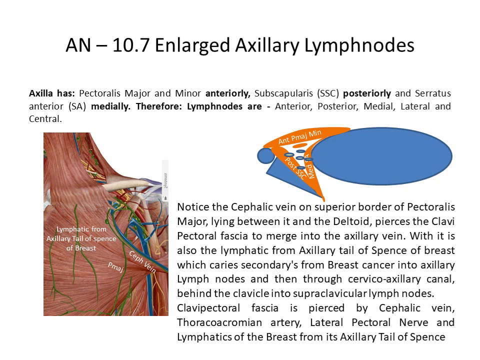With it is also a lymphatic from the axillary tail of Spence of the breast, which carries secondaries from breast cancer into the axillary lymph nodes, and then through the cervicoaxillary canal behind the clavicle into the supraclavicular lymph nodes. Clavipectoral fascia is pierced by the cephalic vein, thoracoacromial artery, lateral pectoral nerve, and lymphatics from the breast from its axillary tail of Spence.